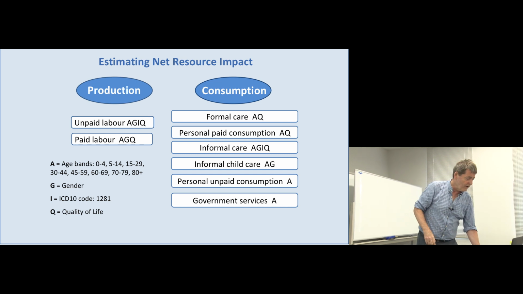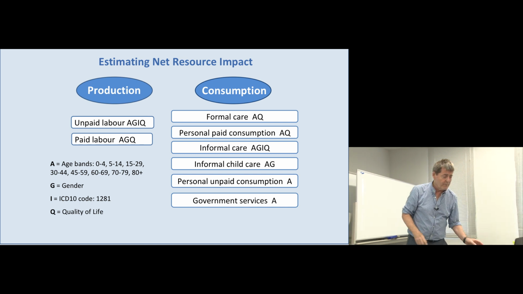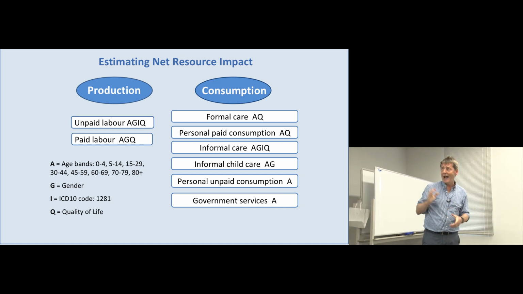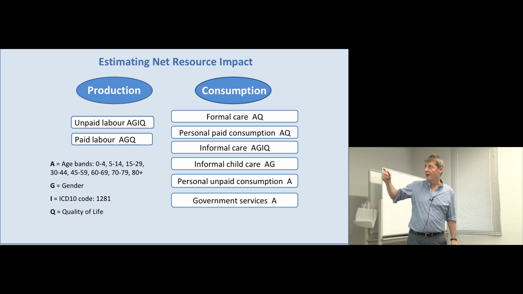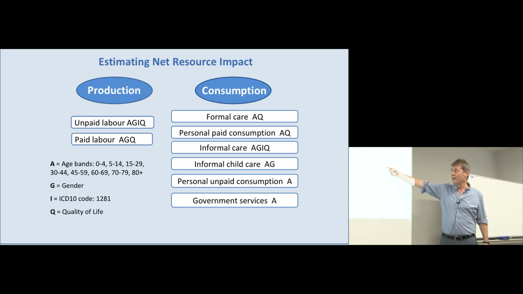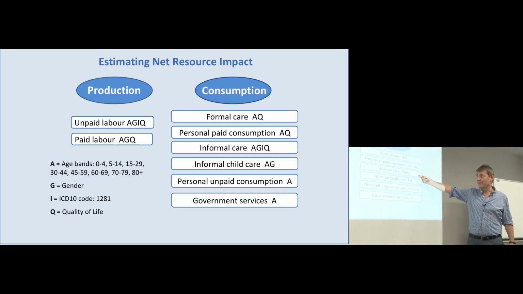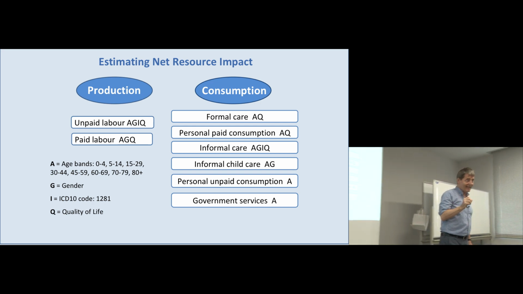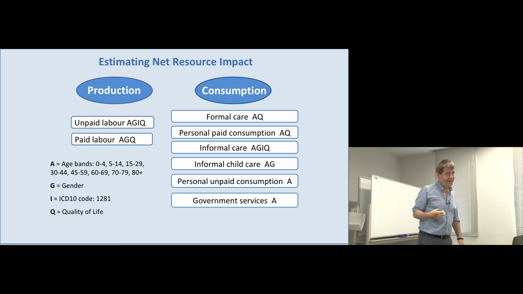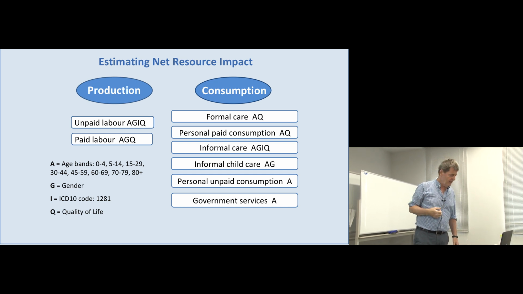And so while patient groups had been quite active wanting to go beyond the QALY and to try and capture wider benefits, things like the care that informal carers were giving, and if you could reduce that, that's a benefit, while they liked that element, they didn't like the focus on paid labour.